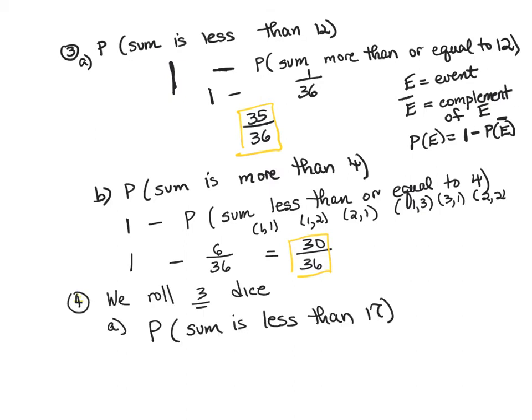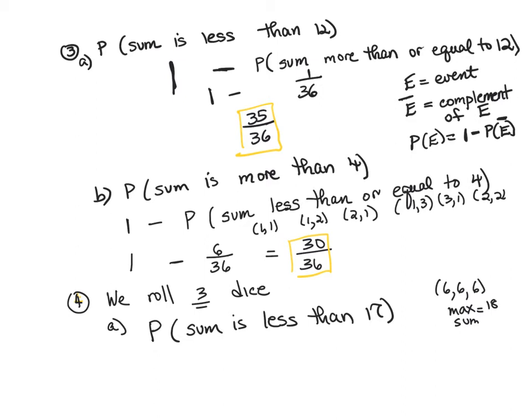And the complementary event can be illustrated with number 4. Suppose we roll 3 dice. Okay, so let's think about it. If we roll 3 dice, the maximum sum that could occur would be having a 6 on all 3. So the maximum sum is 18. That's only one way it can occur.